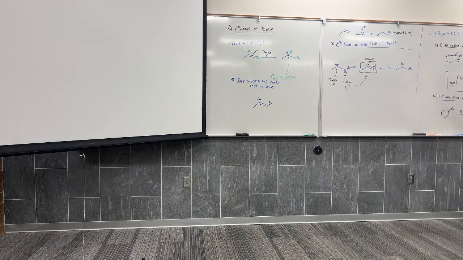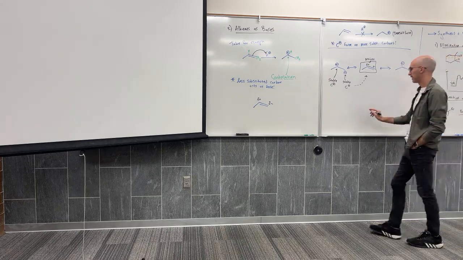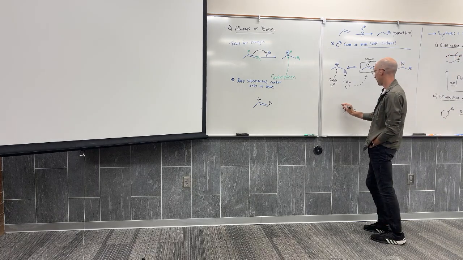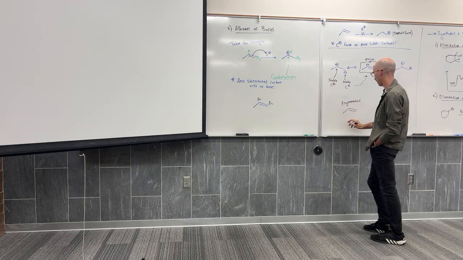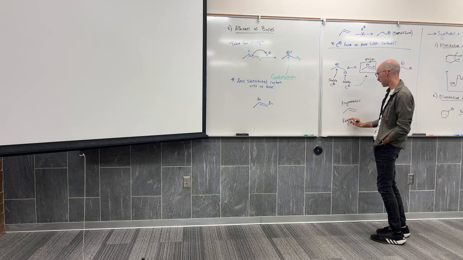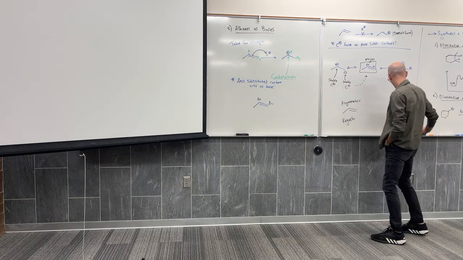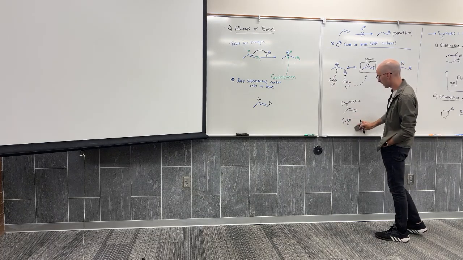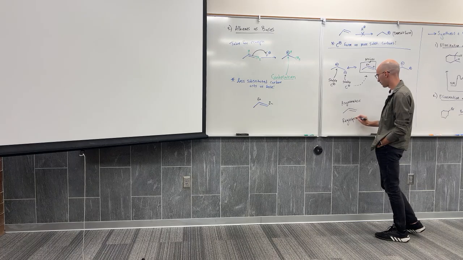Okay, so this is an example of an asymmetric alkene. And the asymmetric alkene has regio-specific character.